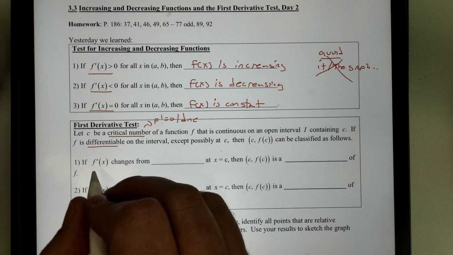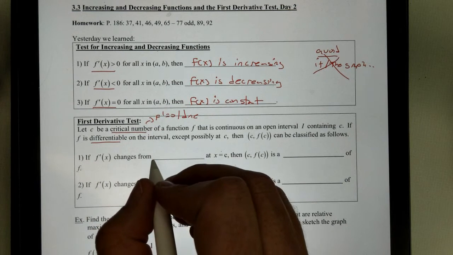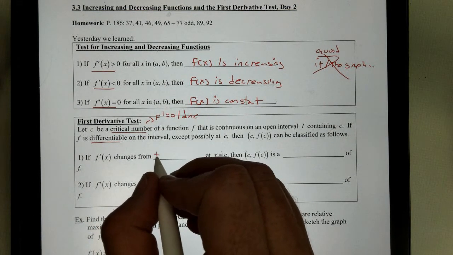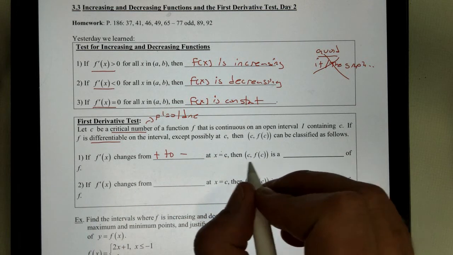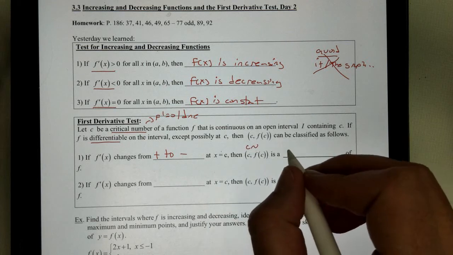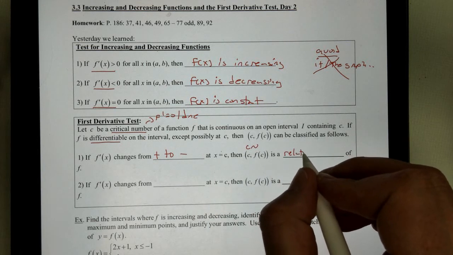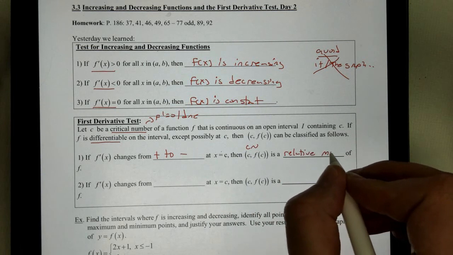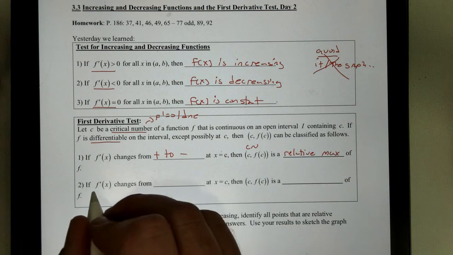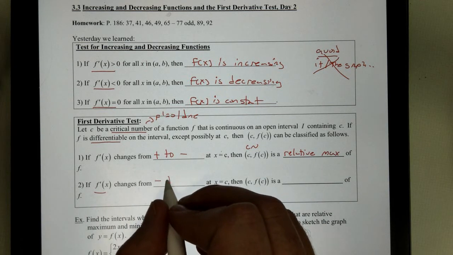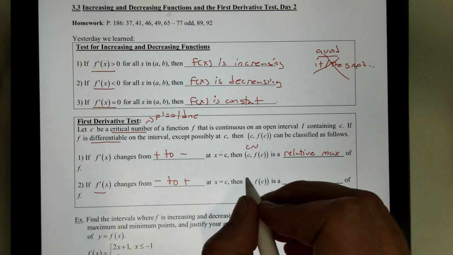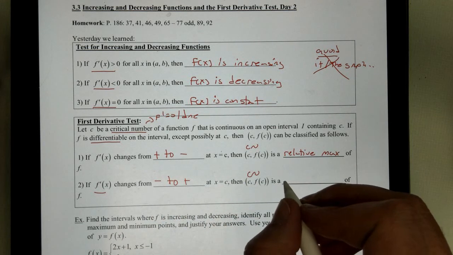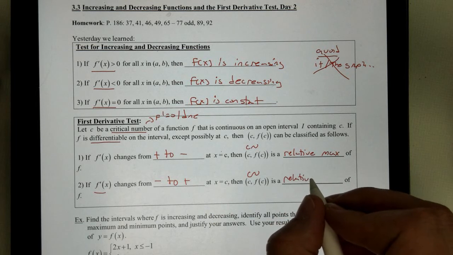If the derivative changes from positive to negative, then we can say that our critical number is a relative maximum. And if the slope is changing from negative to positive at that point, then we can say our critical number is a relative minimum.